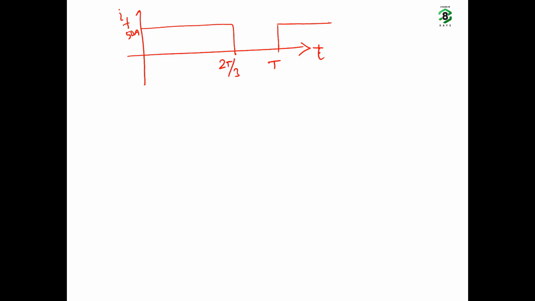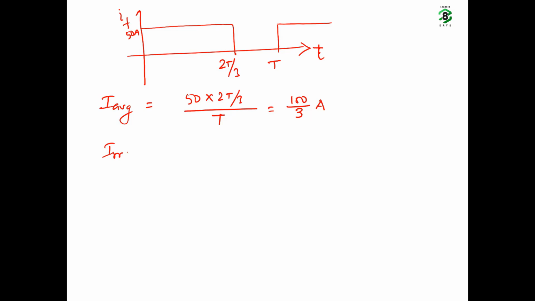We have to calculate the I average first. Average can be calculated as area divided by time period. What is the area? 50 into 2T/3. Time period is T. So I average is 100 by 3 ampere.